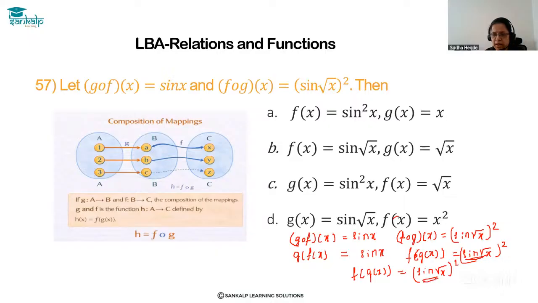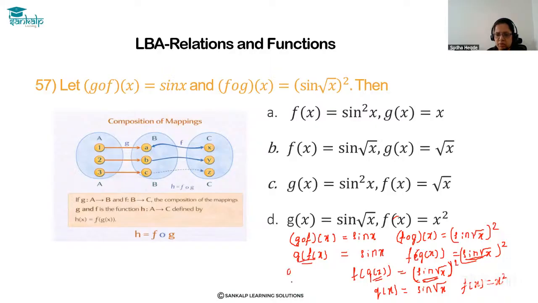This inside part must be g(x), correct? Therefore, g(x) is equal to sin √x. So outside for this you have the square. Therefore, f(x) must be x².